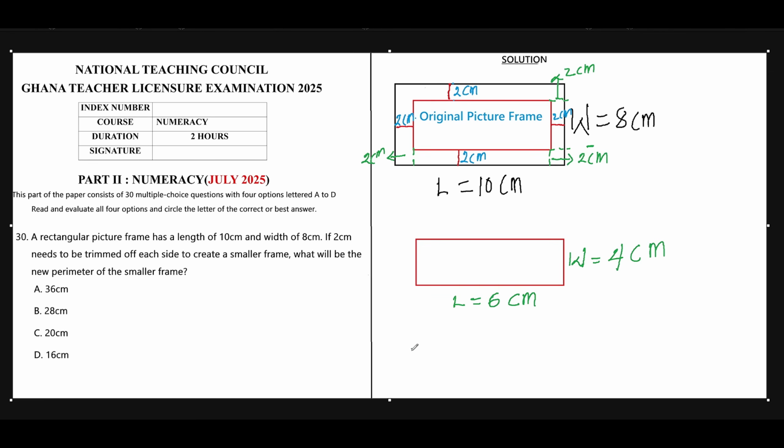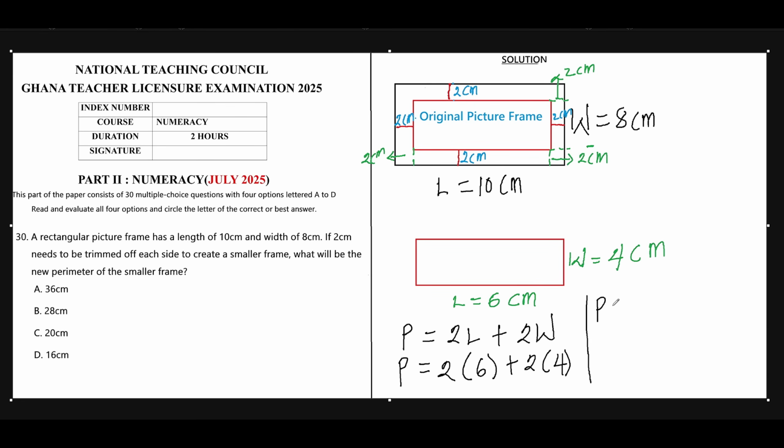Once we know the dimensions of the trimmed picture frame, you should be able to calculate the perimeter. We know that the perimeter of a rectangle is given as 2L plus 2W. So let's do the substitution. 2 multiplying the new length, which is 6, plus 2 multiplying the new width, which is 4.